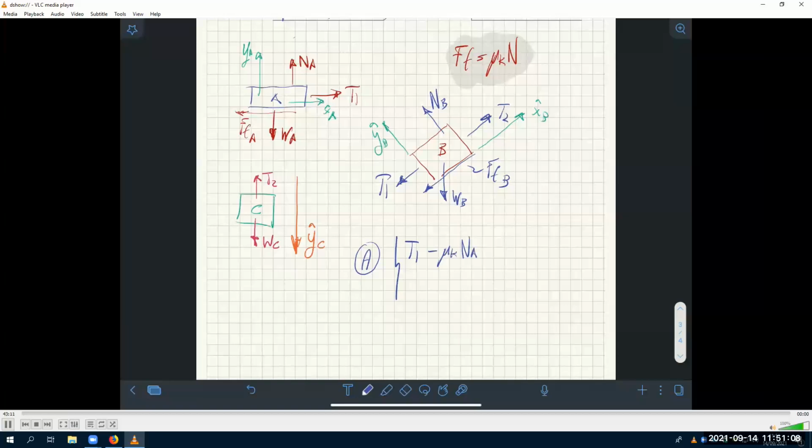That's it, equals mass of A times the acceleration of A along X. So this is the X acceleration of A.